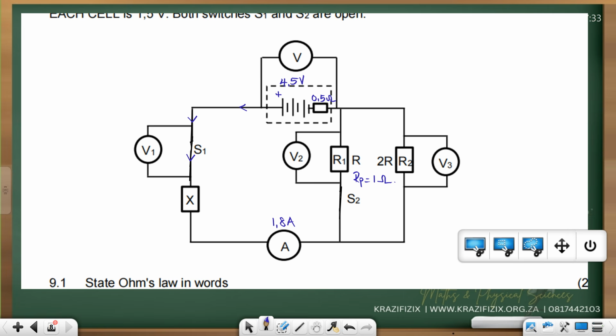Wait, guys. I think I'm making a serious mistake. You see, when it's closed, there's current, right? But the switch is of what? Good. So R here is what? 0. It means the V here would be what?